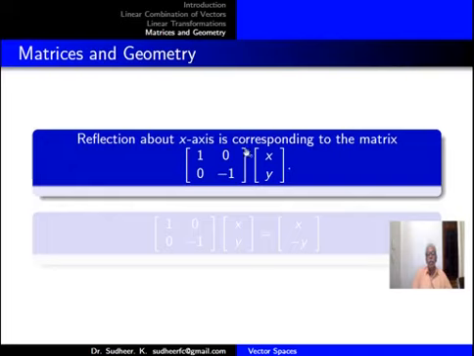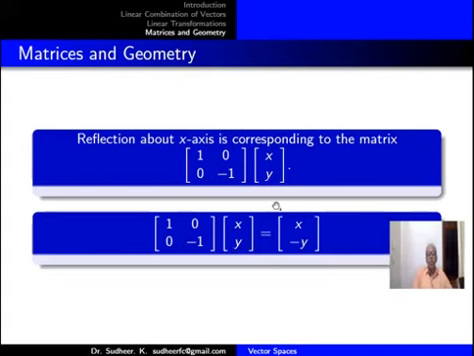Now reflection about the x-axis will correspond to the matrix [1, 0; 0, -1]. So it's not by just magic that I am getting all these matrices. You have to follow the earlier principle: how the standard basis vectors are converted.